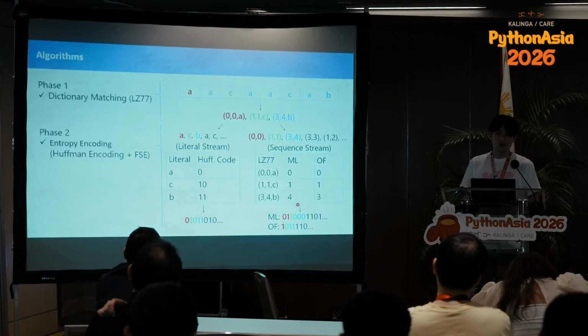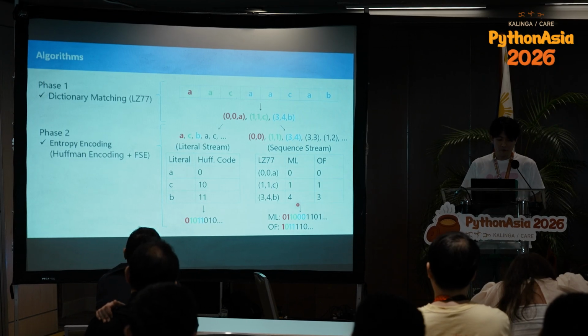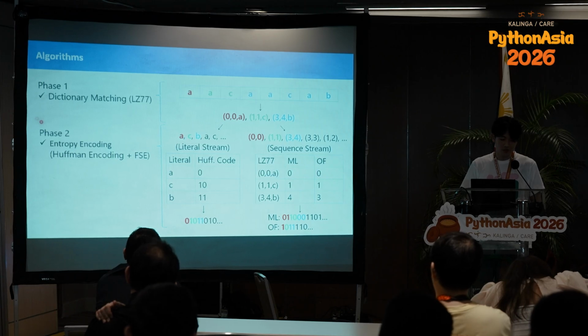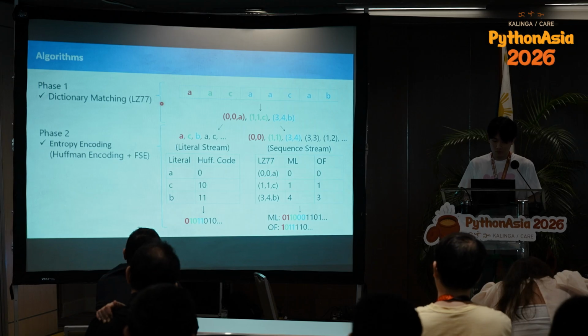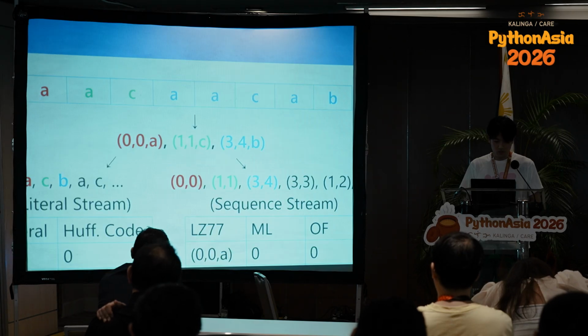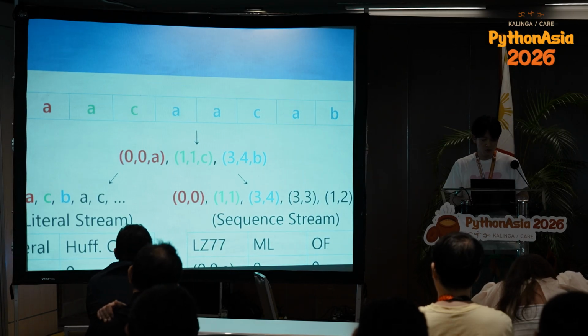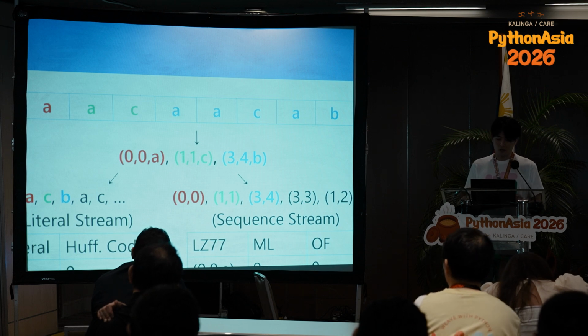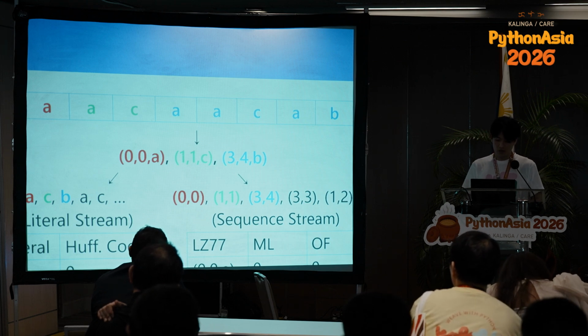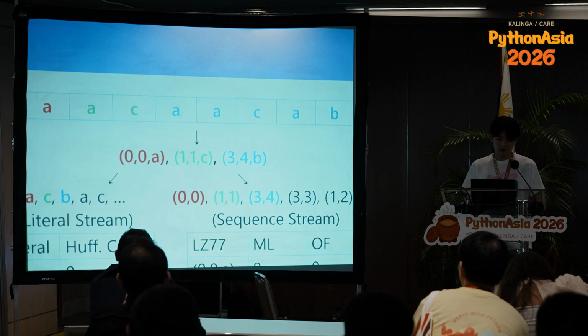Zstandard works in two phases. Phase one is dictionary matching, like LZ77, to find repeated patterns. Here, I will zoom in. Repeated substrings are composed into a tuple of offset, length, and next character.